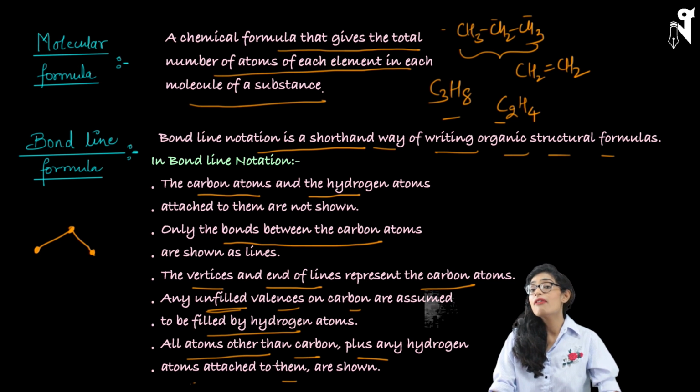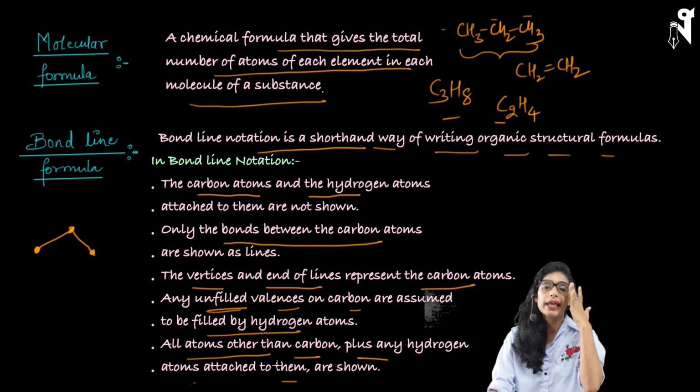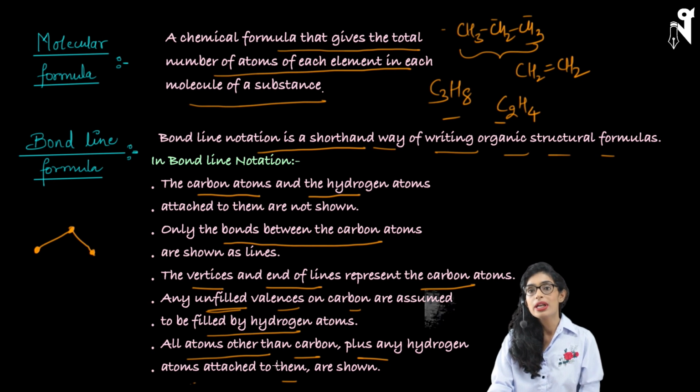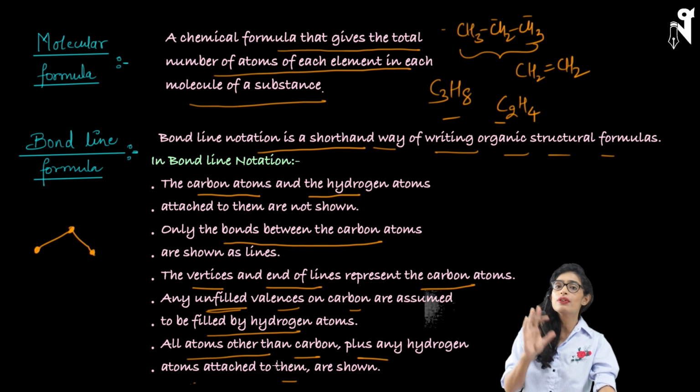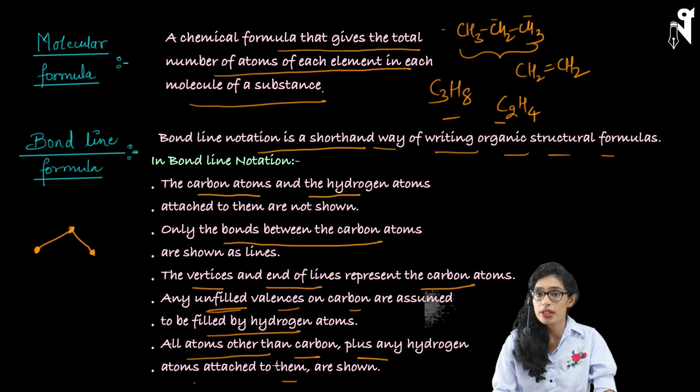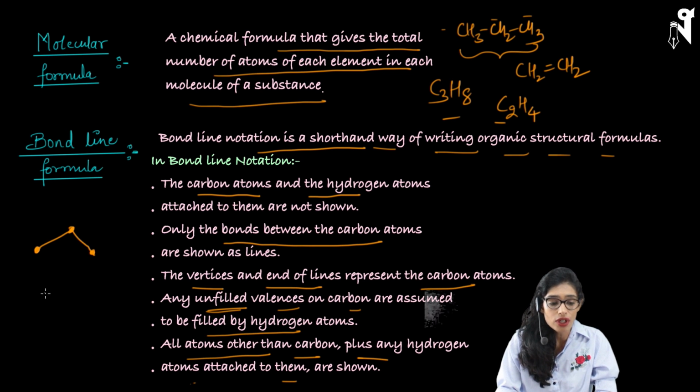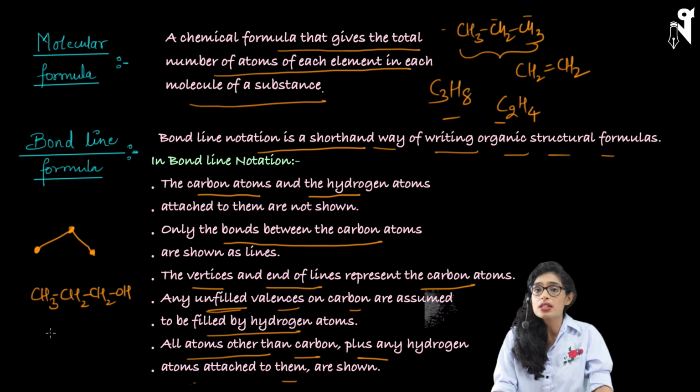So basically, if I have any other group, any other element present in the compound, that is shown, or you can say that is written in the bond line representation. I can give you one example, though we will be talking about this in detail later on as well. So let's say I have a compound like this, CH3, CH2, CH2, OH. This is my compound, assume. So this is not the simple alkane.